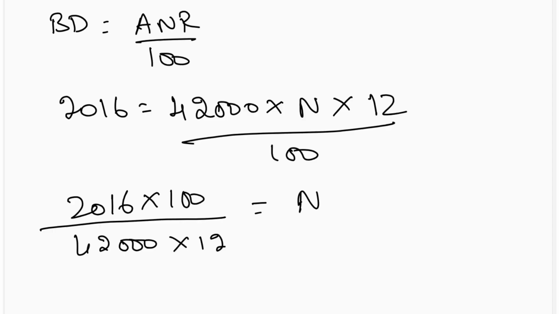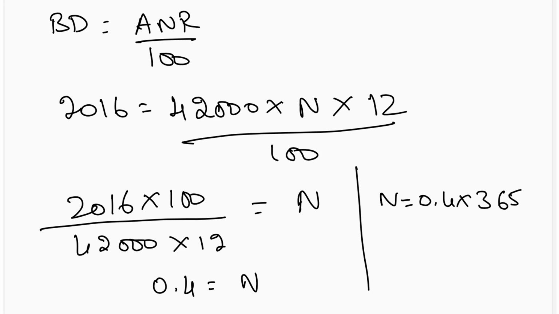Now substituting in the BD formula, you will get the n value. By substituting in this formula, we got this much. If you simplify by cross multiplying, and simplify this, you will get 0.4 as n. Converting into days, this becomes 146 days.